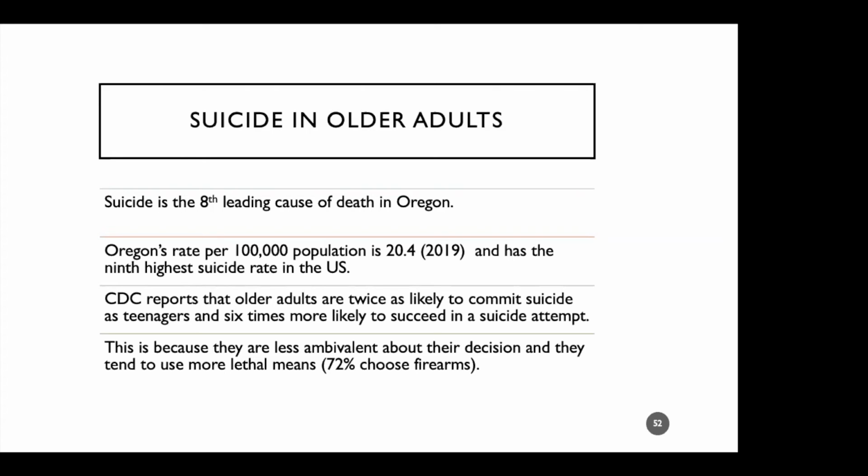So there is very high prevalence of suicide in older adults. One of the reasons is that they tend to choose more lethal means to die by suicide. Most frequently, it is firearms. So we are doing a lot of work in Oregon, and across the country, on how we prevent suicide.